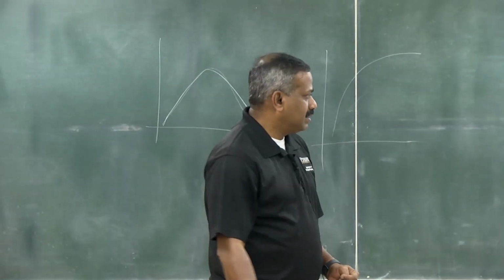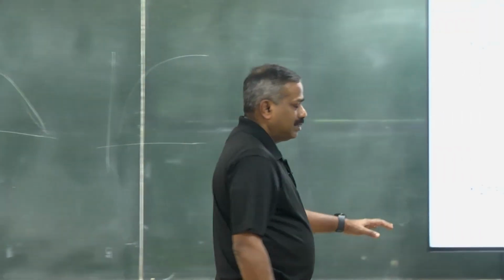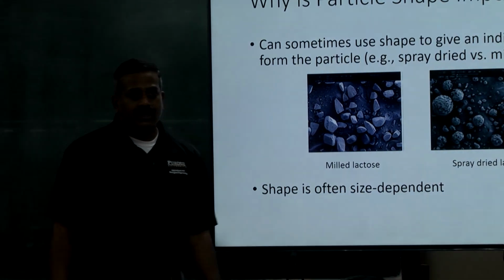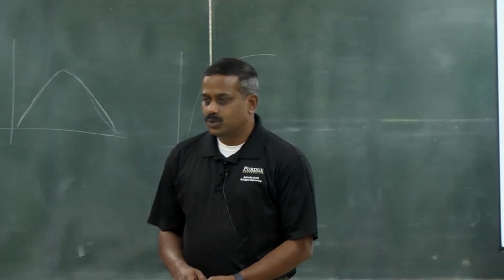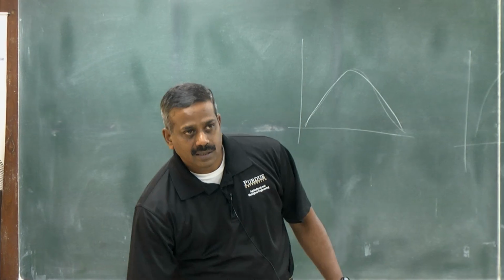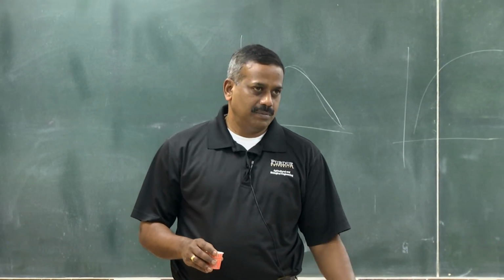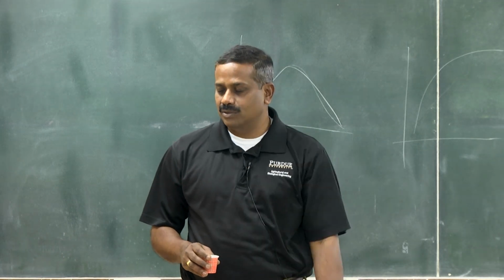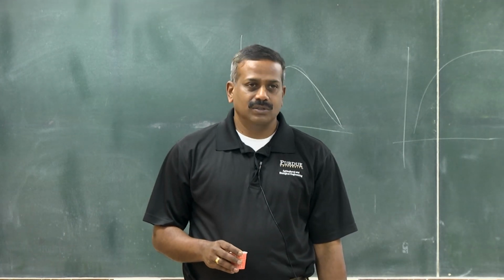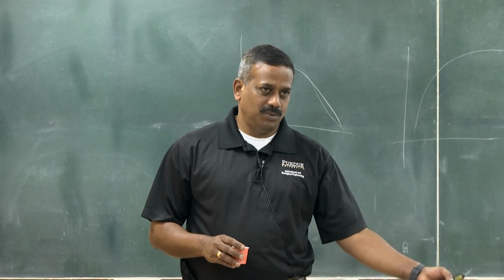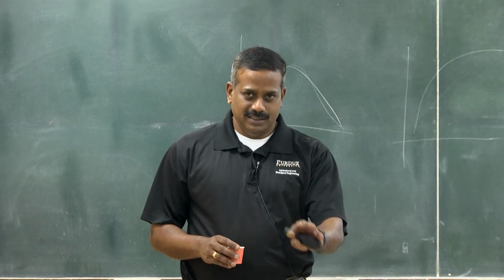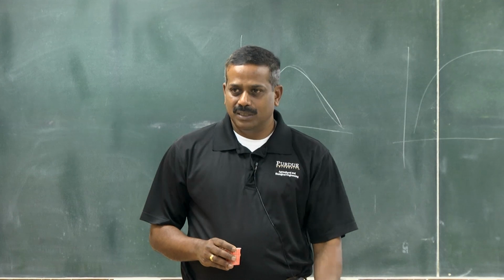As we just talked about in the last lecture, shape is often size dependent, right? I'm sorry, it's vice versa: larger particles may sometimes have more uniformity than smaller particles. Again, it's not a blanket rule, but depends on the particle.